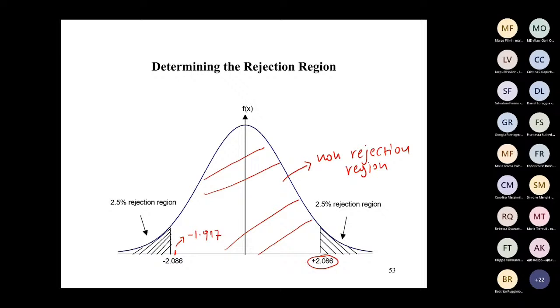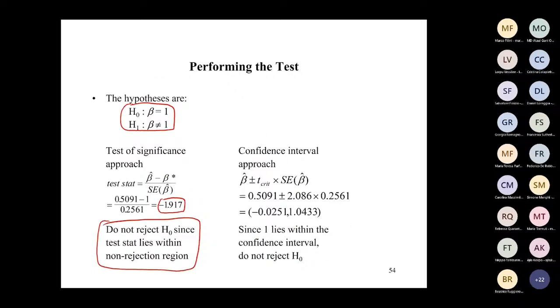I can do the same thing with the confidence interval, and the confidence interval would be beta hat plus minus 2.086. This is the critical value from the t-distribution.